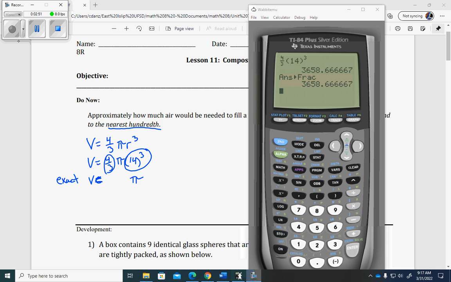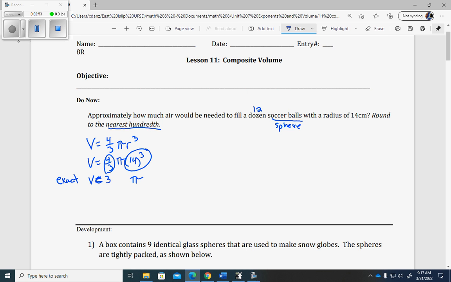Both my calculator and your calculator give the same answer of 3,658. Now your calculator says 0.6666667. You need to understand that that really means 0.6 repeating. So I am going to put the bar over it because right now I said I wanted to give an exact answer.